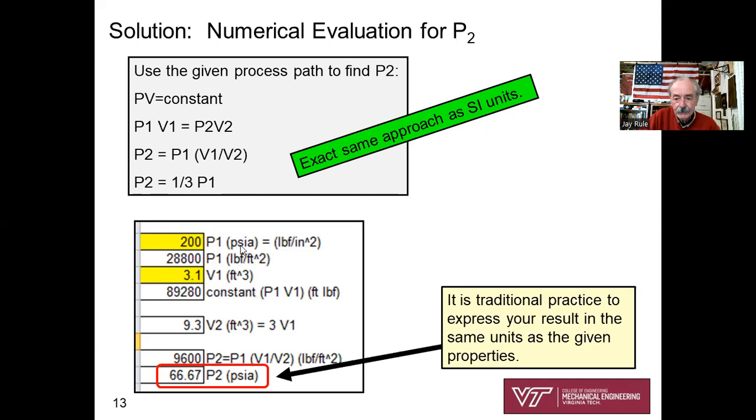Notice here how I converted P1 into pounds force per square foot in order to calculate my constant value, P1, V1. That's not necessary to do. You could just go calculate P2 direct from here with P1 given and express your P2 in 66.7 pounds per square inch. That works too.